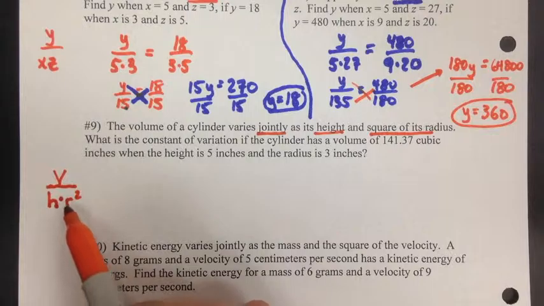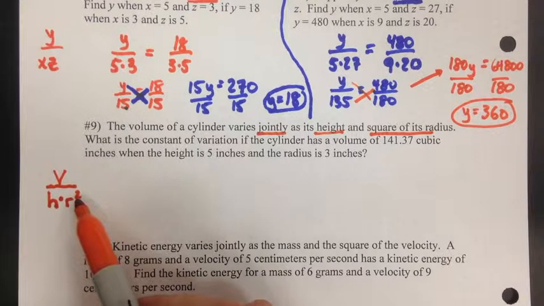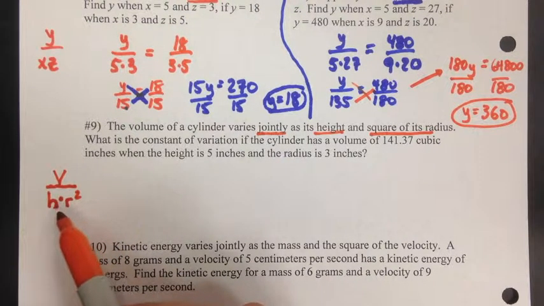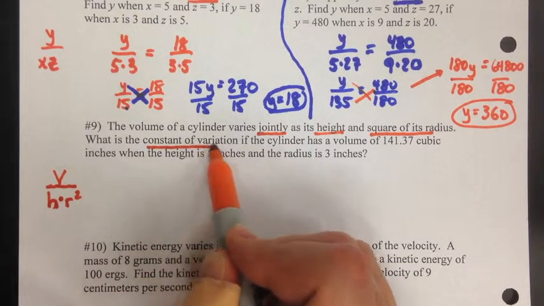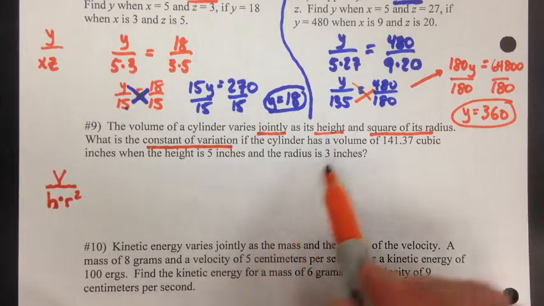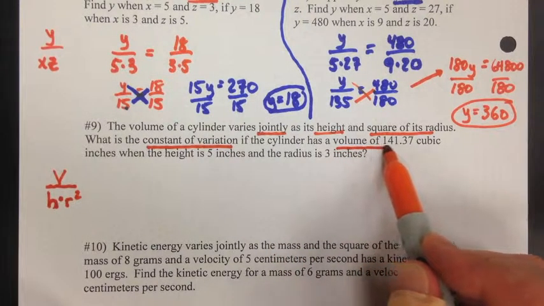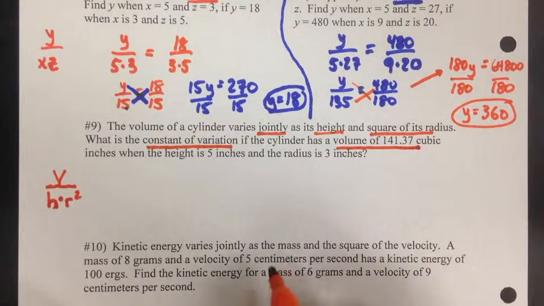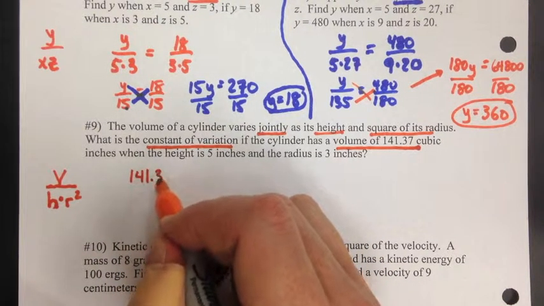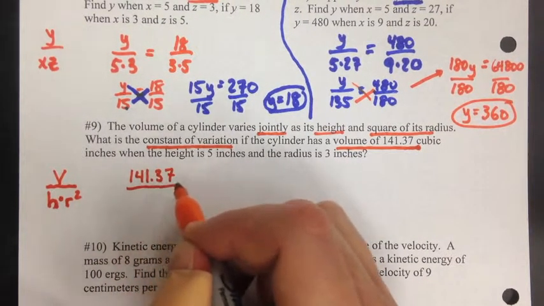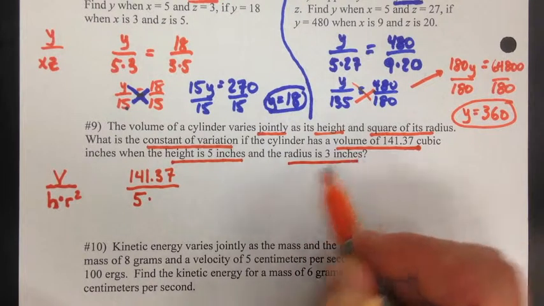The square of the radius would be r squared, r to the 2nd power. I multiply the variables in the bottom. What is the constant of variation? If the cylinder has a volume of 141.37 cubic inches, that's my V, when the height is 5 inches and the radius is 3 inches.